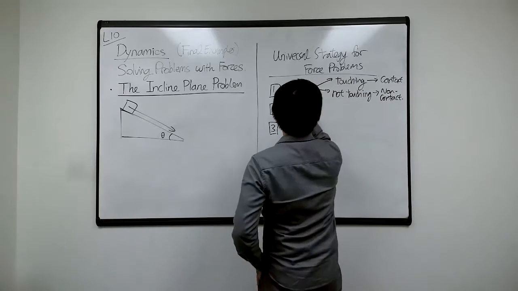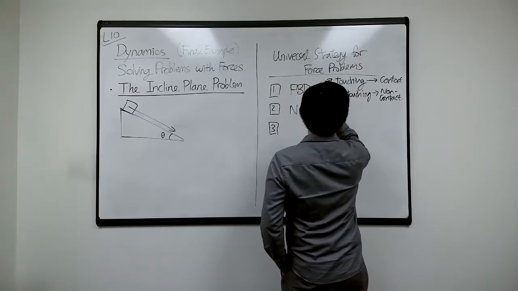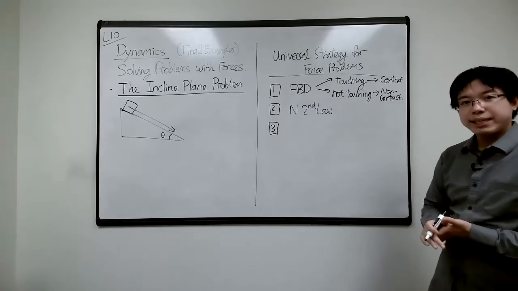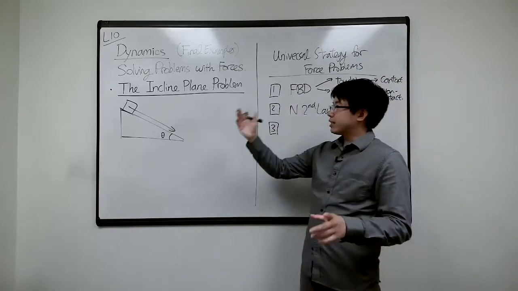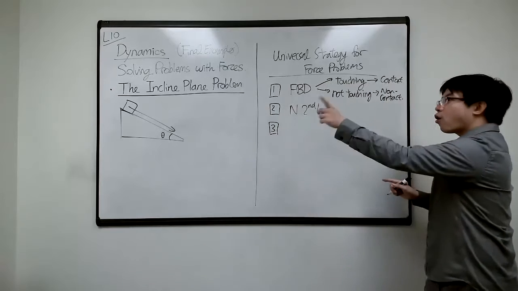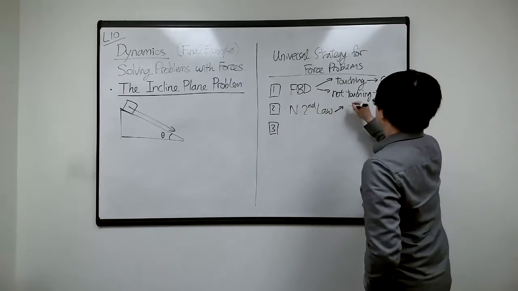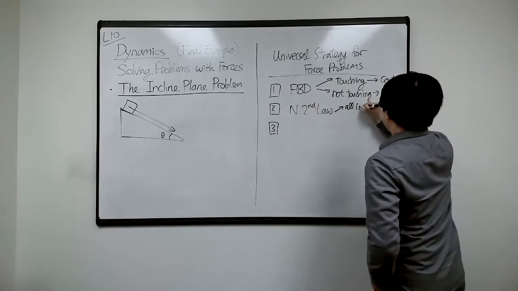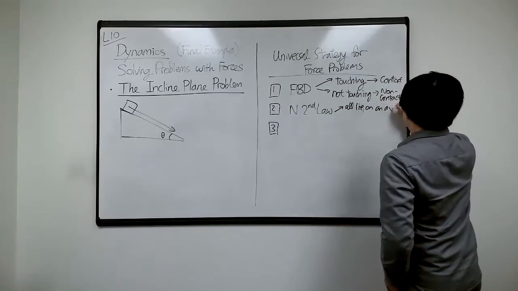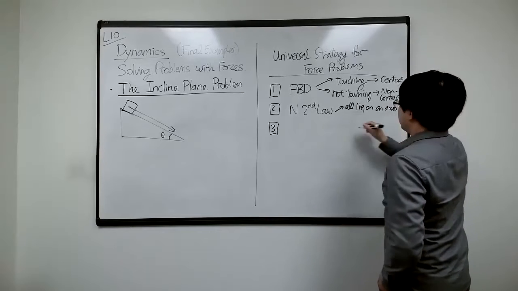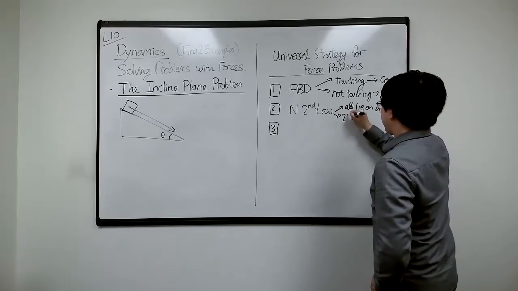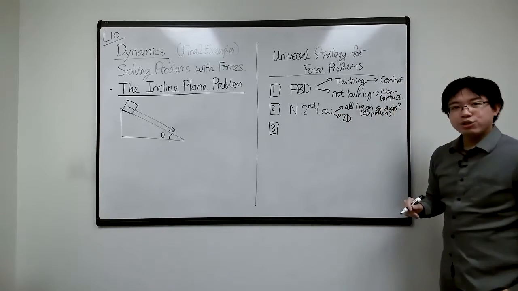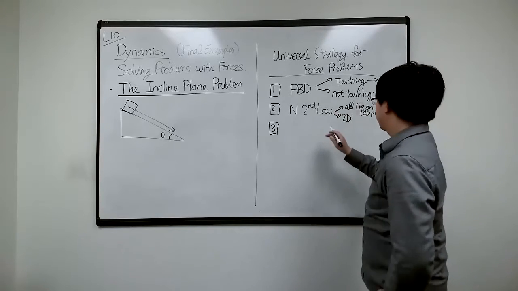All right. Then you write out Newton's second law. And when you do that, you ask yourself, is this a 1D problem or a 2D problem? Do all the vectors lie on an axis? If they do, it's a 1D problem, nothing more needs to be done, just move on and solve it.